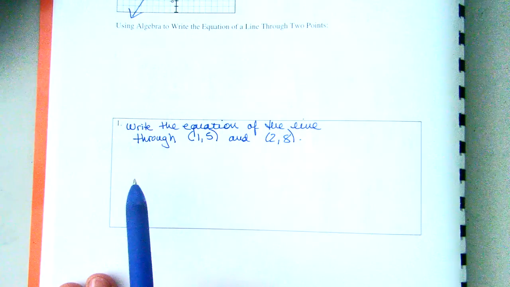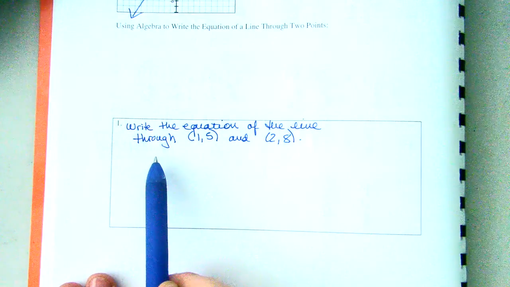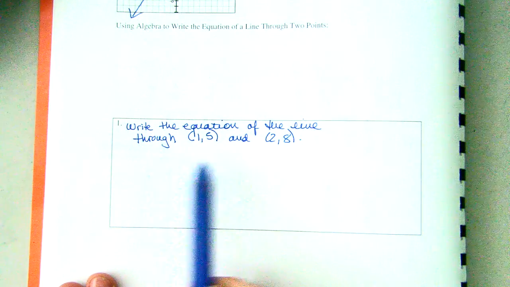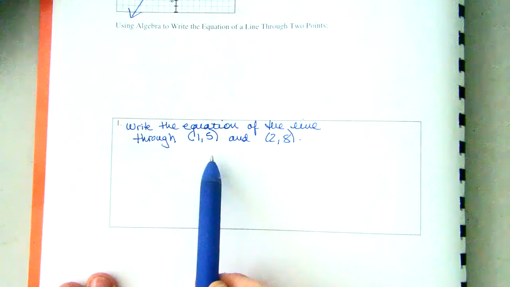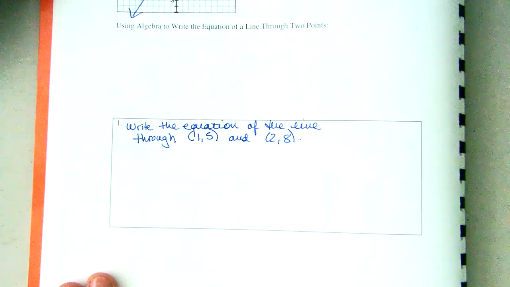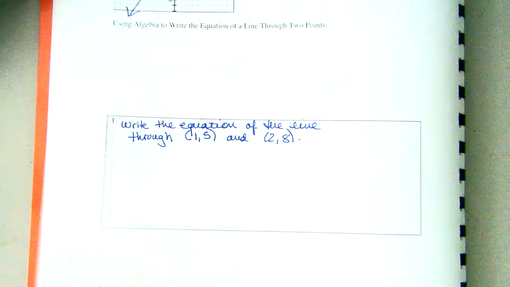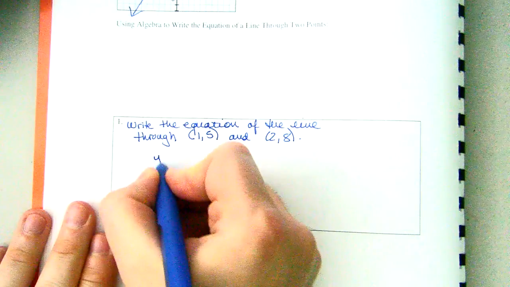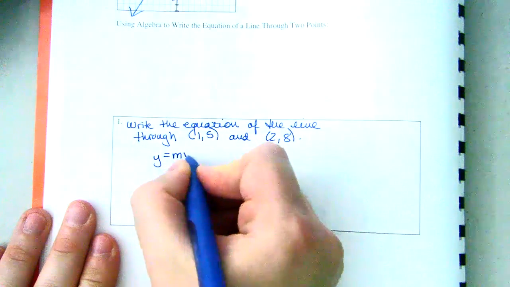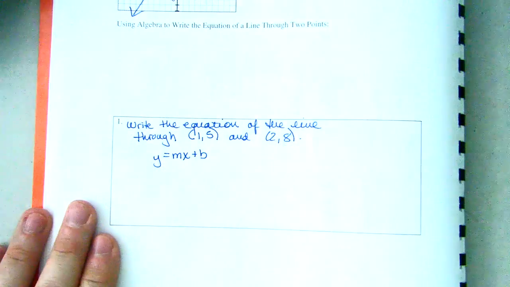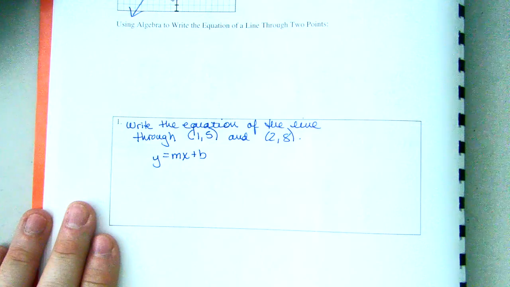We're going to write the equation of the line through 1 comma 5 and 2 comma 8. You good there? Okay, my answer, I know it's got to look like y equals mx plus b.